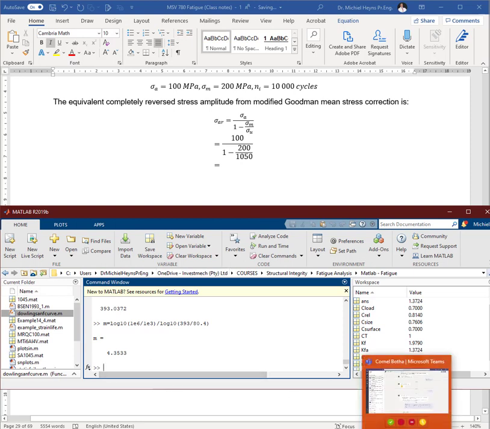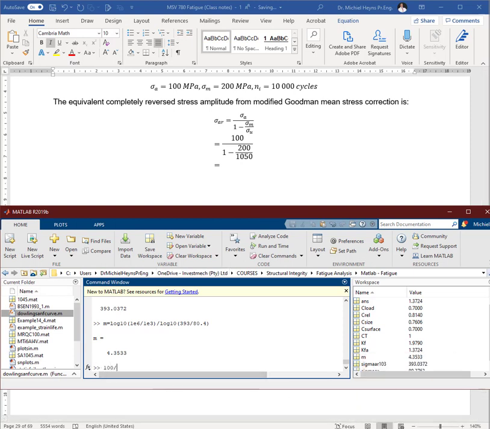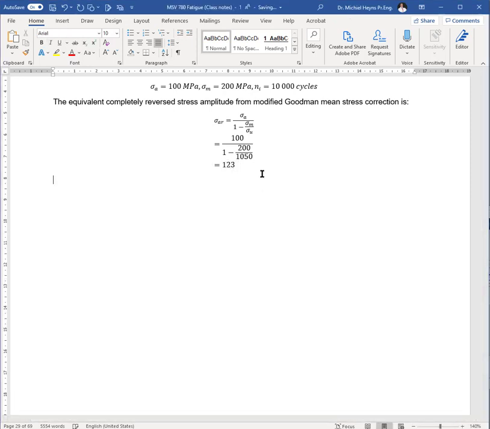Here we have 100 divided by 1 minus 200 divided by 1050. That's the equation that we have. Let's call this sigma AR, just so that I can find it easily. Sigma AR is equal to that, the mean stress corrected 123 MPa.